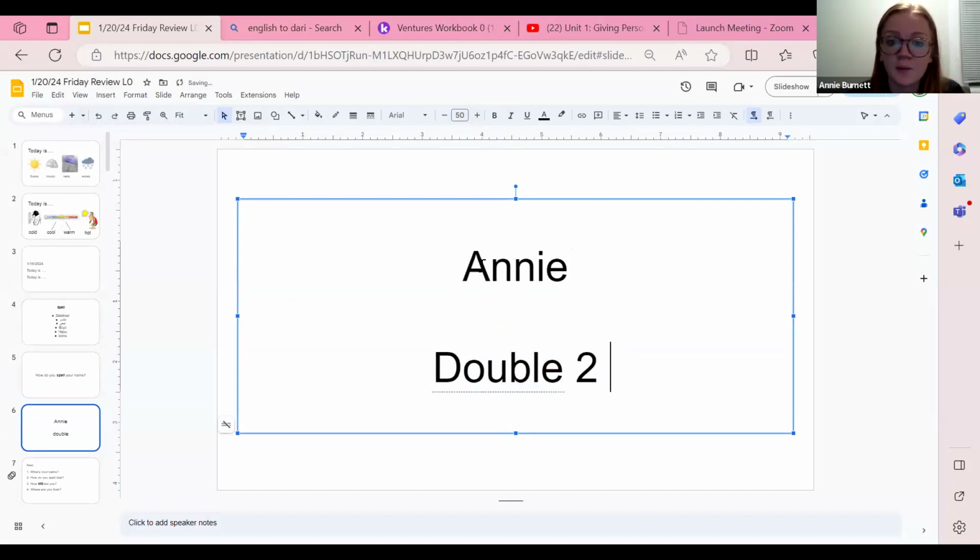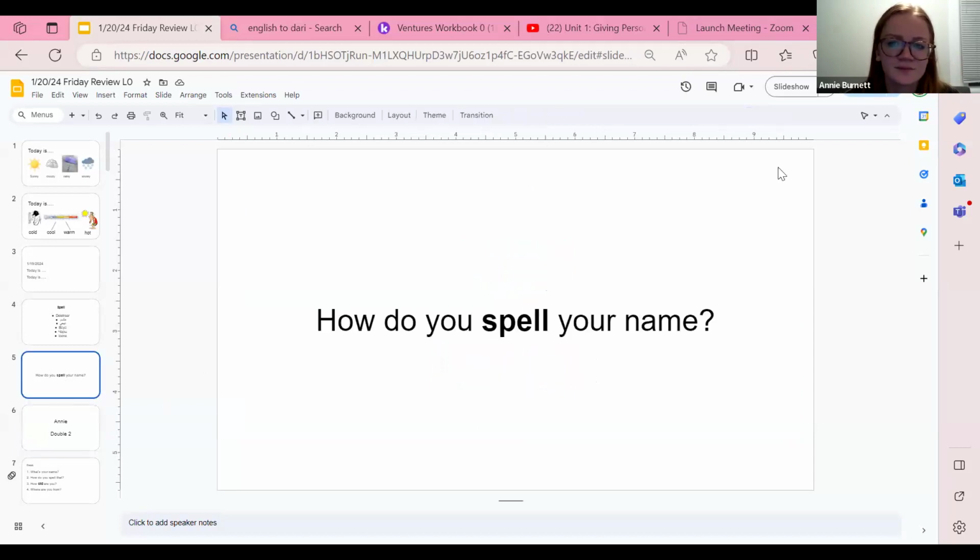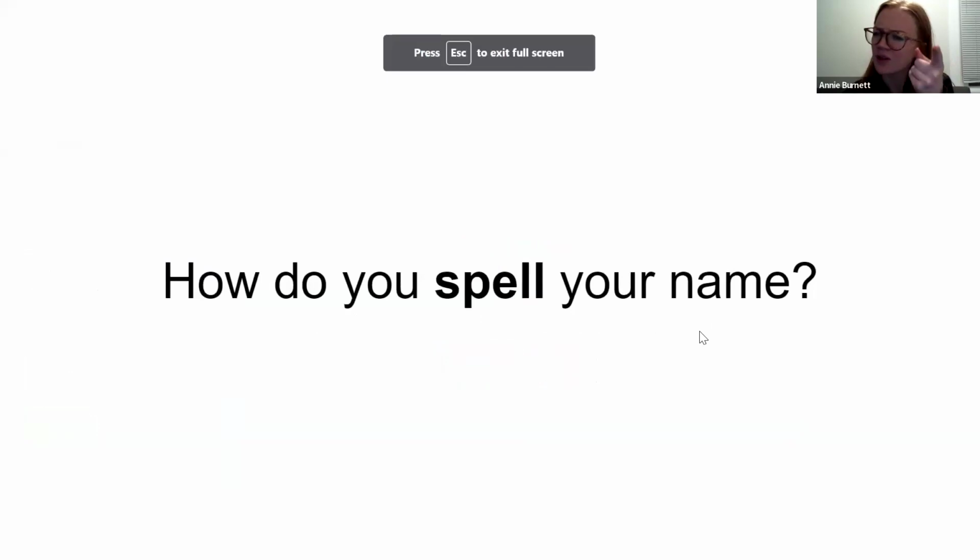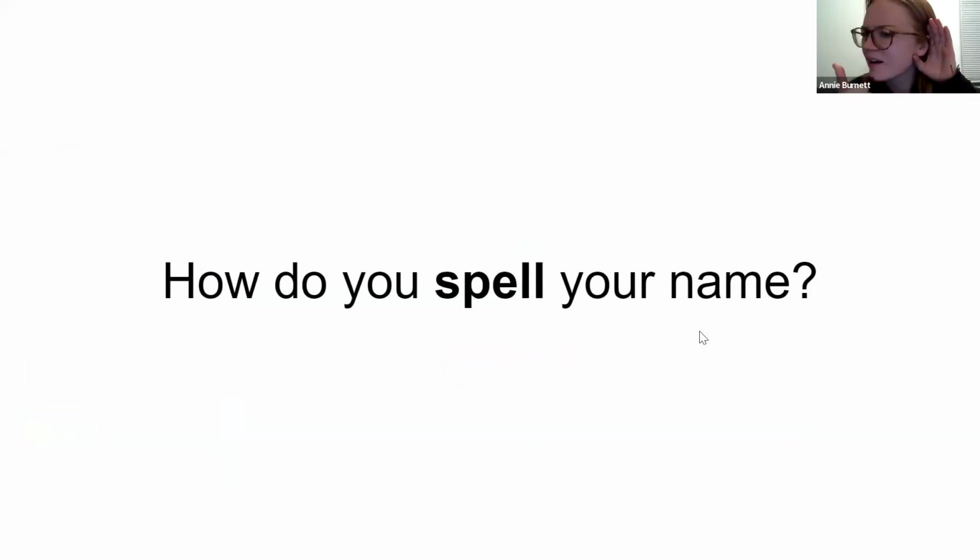So for example, my name, double N. A, double N, I, E. How do you spell your name? Your name.